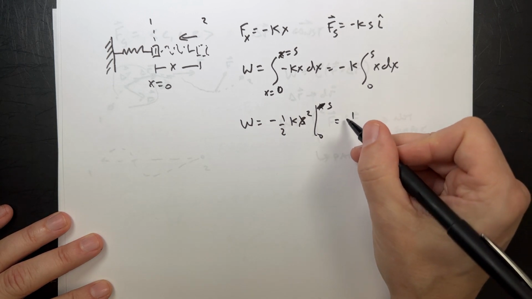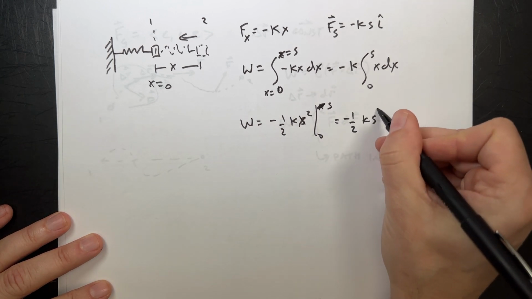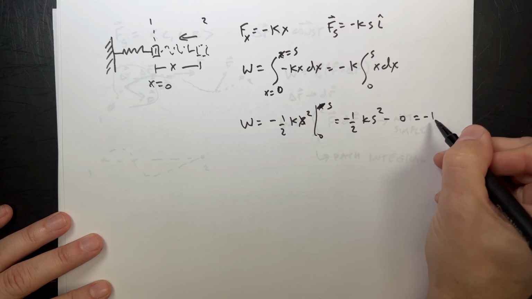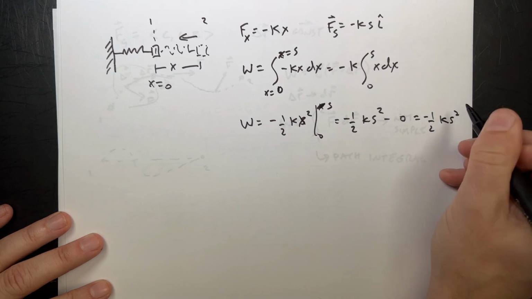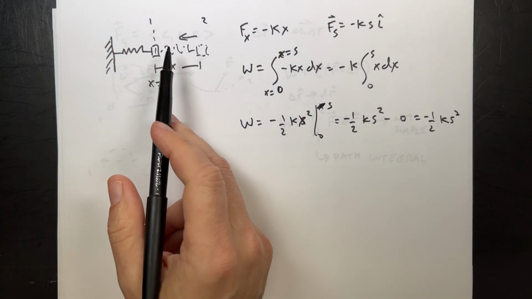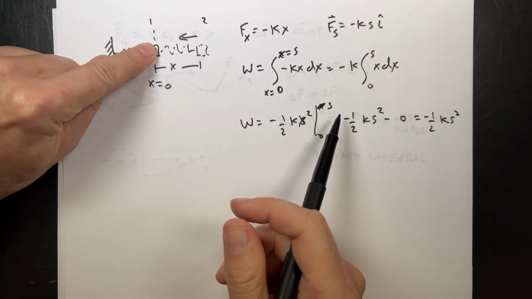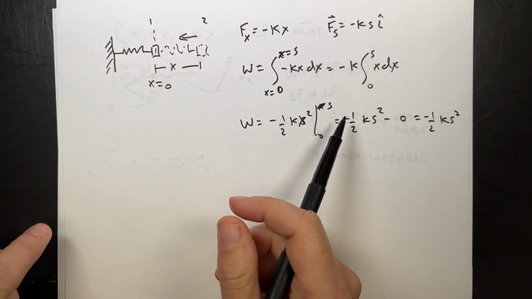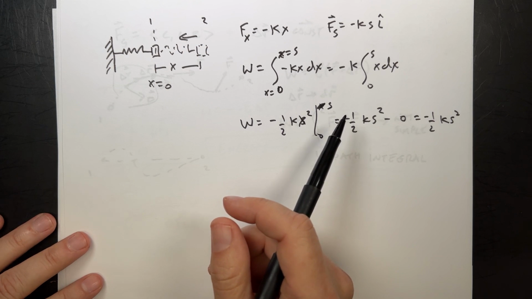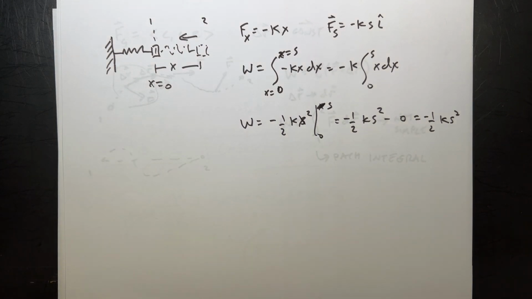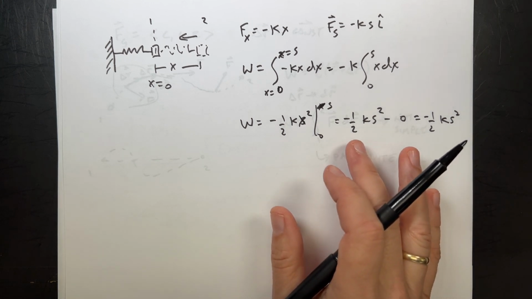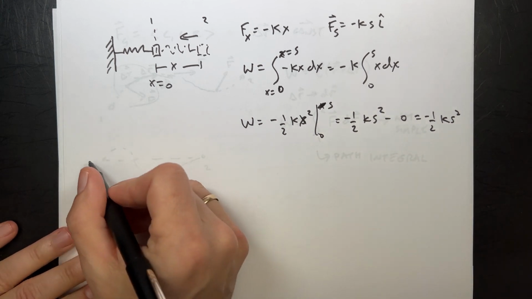And that's going to be negative 1/2 k s squared minus 0, negative 1/2 k s squared. So the work done by the spring is a negative value, right? Because I'm pulling this way, but the spring's pulling in the opposite direction as the way we're moving, so we get a negative work done. But that's how I'd calculate the work for non-constant force.